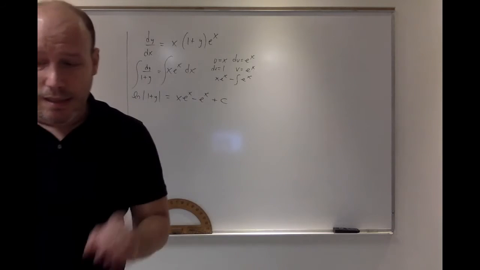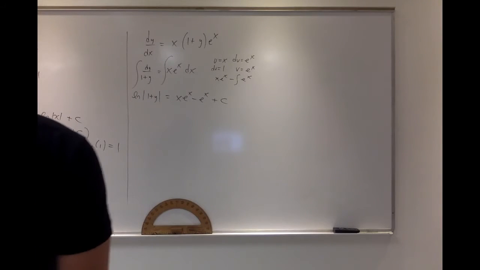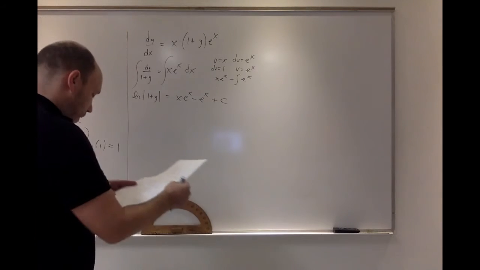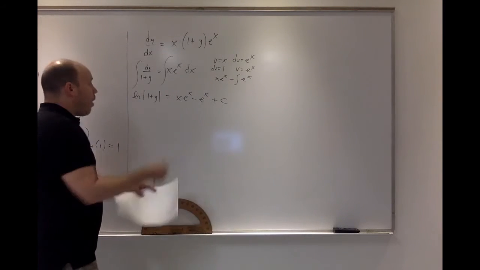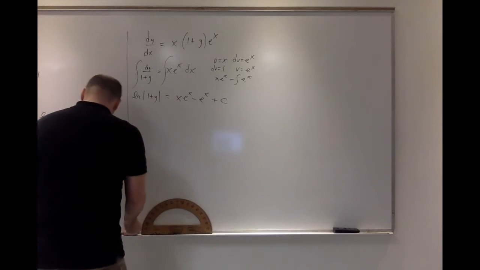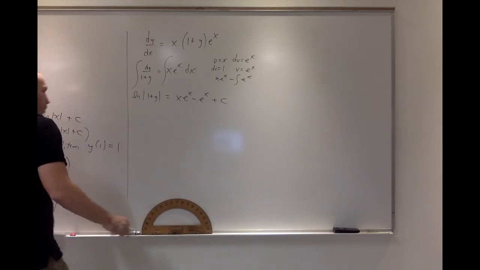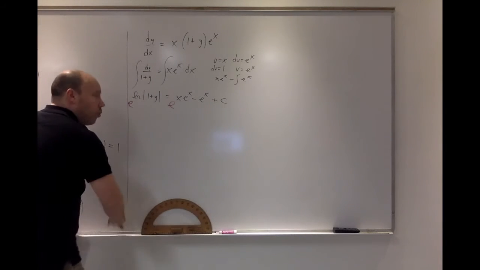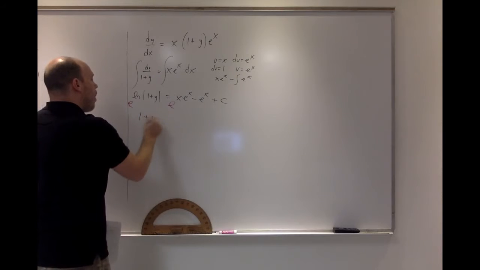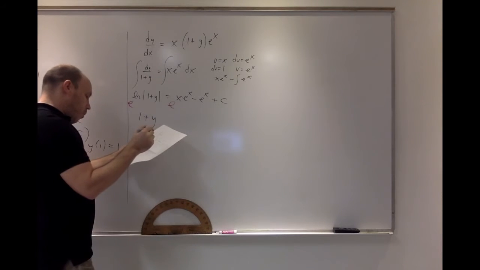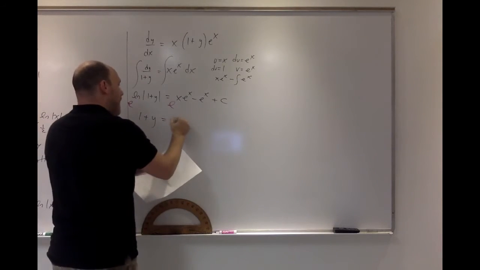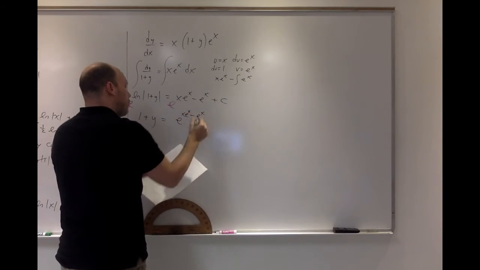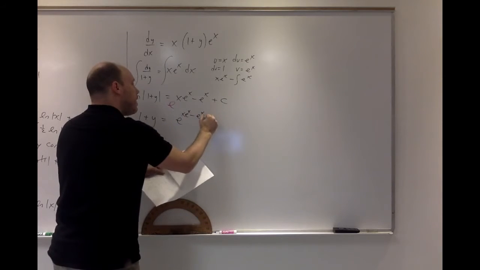Remember that plus c is there. Did I give you a boundary condition? No, I did not. Well, how do I undo an ln? Both of these become exponents. So we have 1 plus y is equal to e to the x e to the x minus e to the x, plus c.